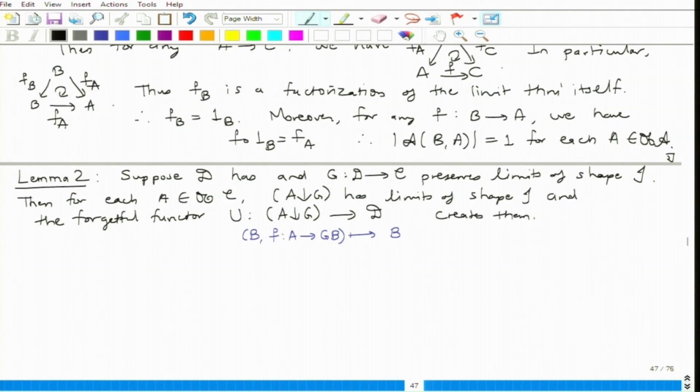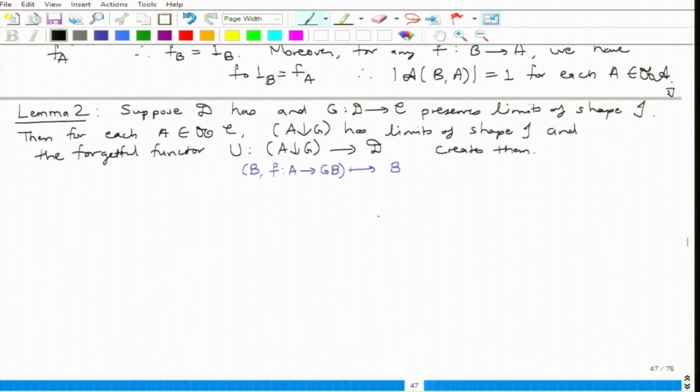How do we make sure that A arrow G has limits of shape J? We will create such limits from D. D has limits of shape J, so therefore we will use this forgetful functor to create them.